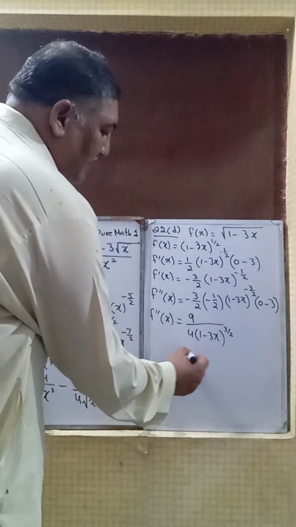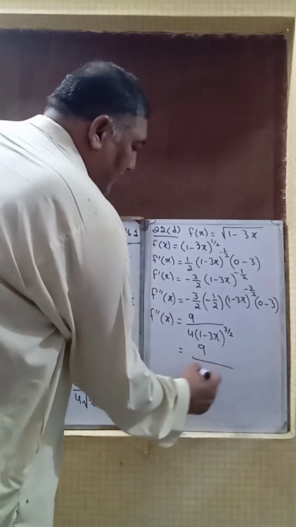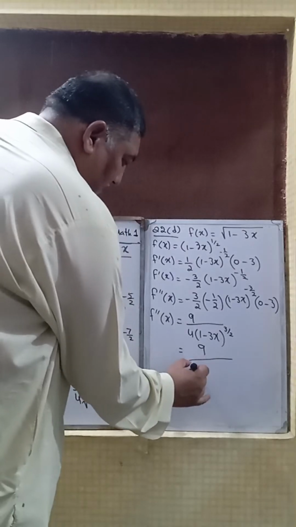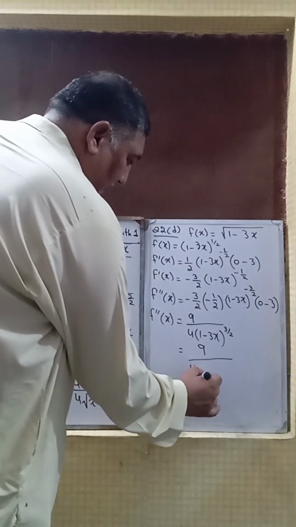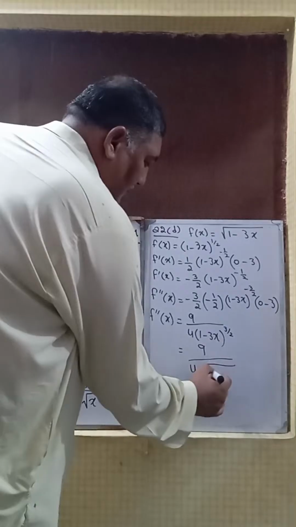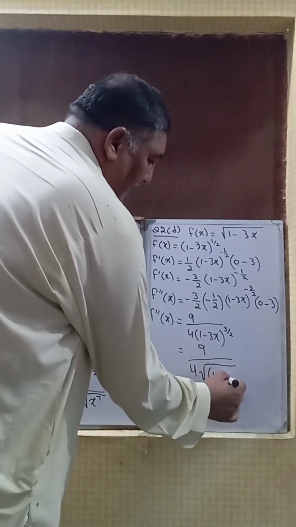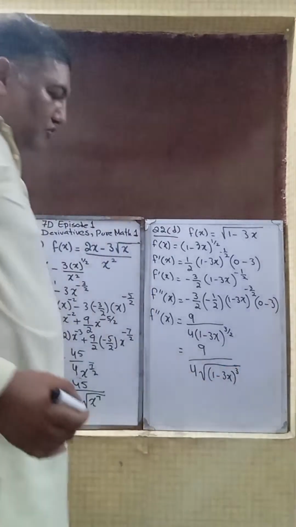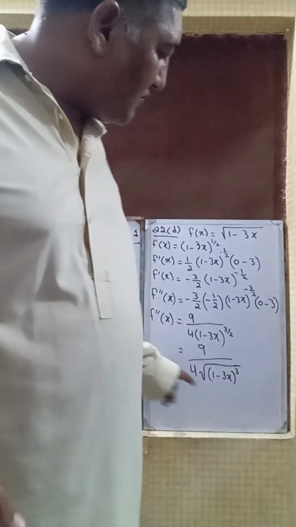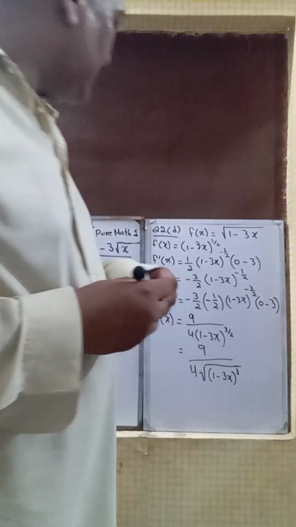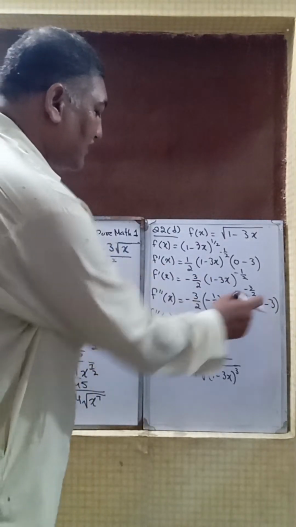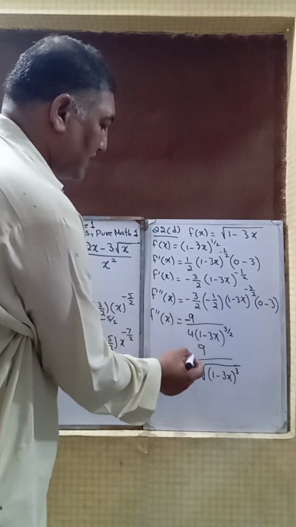So this can be written as 9 divided by 4 times the square root of (1 minus 3x) raised to power 3. Either it will be in this form or this form, and there has to be a negative sign also, so you put a negative sign here.